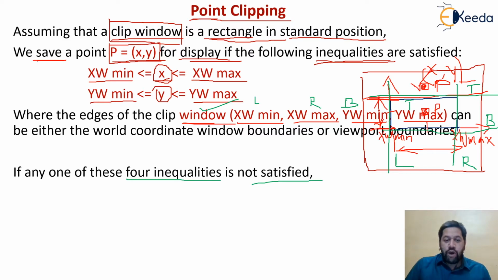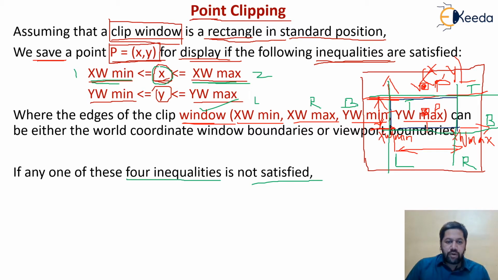The x value must fall between xw minimum and xw maximum. So the value of x should be greater than or equal to xw minimum, and less than or equal to xw maximum. This is my condition number 1, and this is my condition number 2.